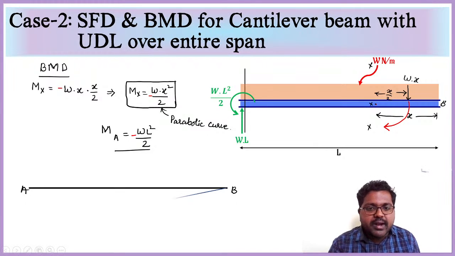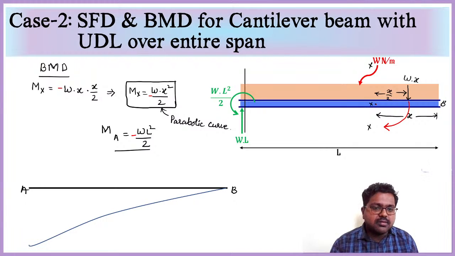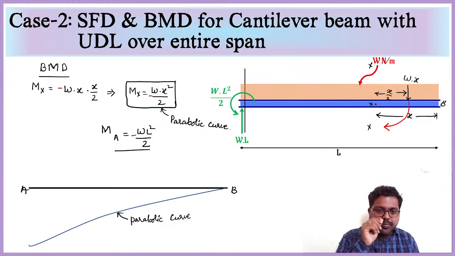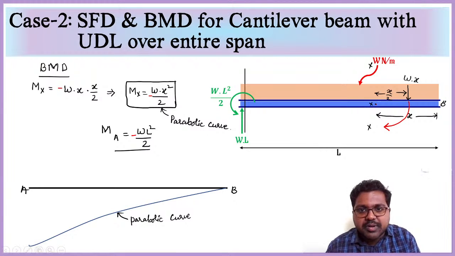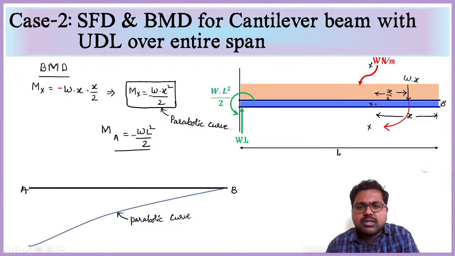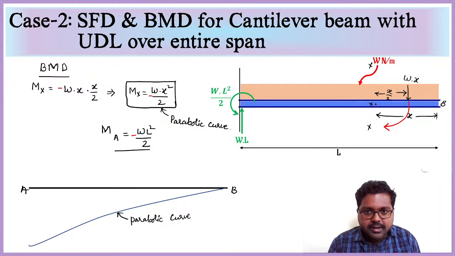So bending moment diagram will come like this. See, this is not a straight line. Here this is a parabolic curve. A curve should be there, right? Then immediately I am making this cross section from here, just moving just left to the point A. Okay, then what will happen?